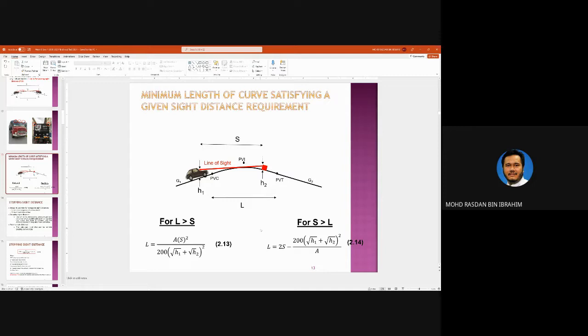The second formula is for when the sight distance is longer than the length of curve. But in most cases, we are going to use this one only, because this is the safe one. I'll show you the diagram afterwards.